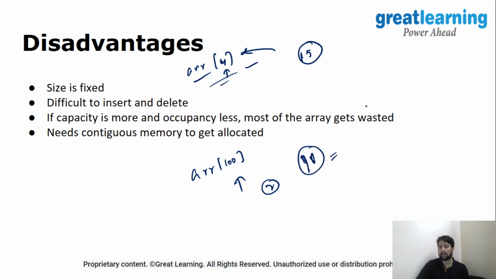That means 98 into 4 bytes, one integer being 4 bytes. Just multiply it, that is 392 bytes, if I'm correct, of memory wasted.